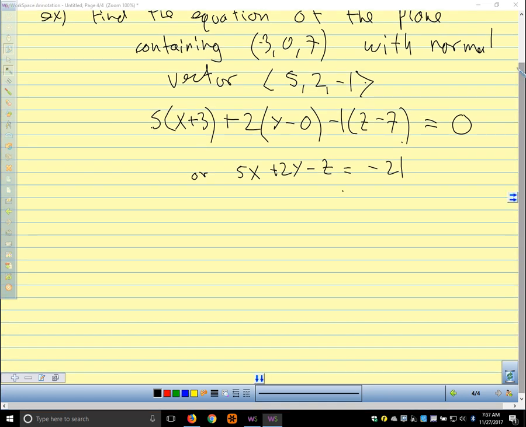Usually the question will say, write an equation of the plane. Is it 22? 15 plus 7? Yes, 22.